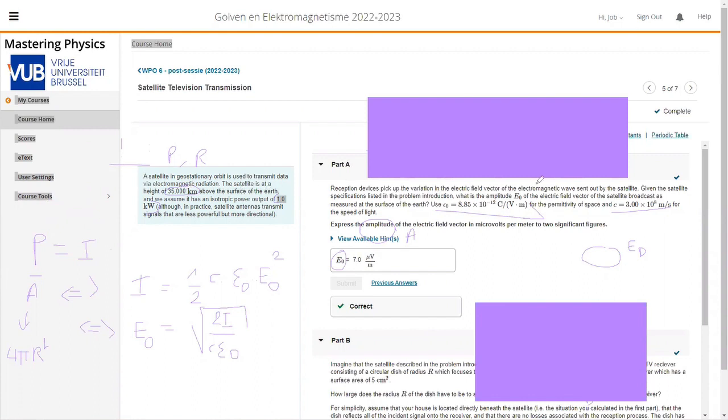Then you are also given information about the permeability and the velocity of the light, I mean, the speed of light.